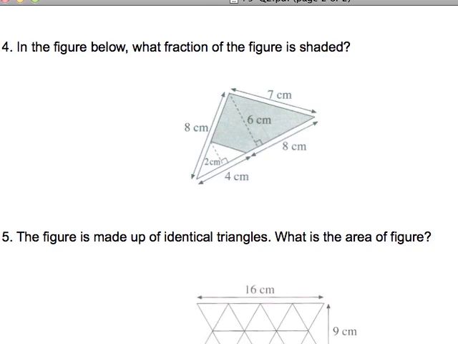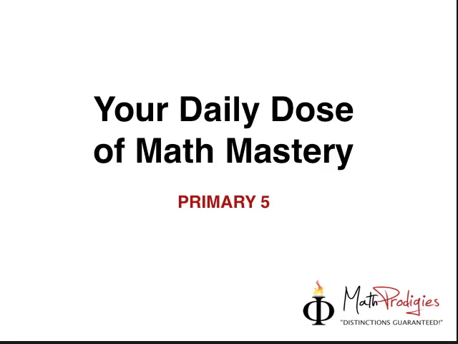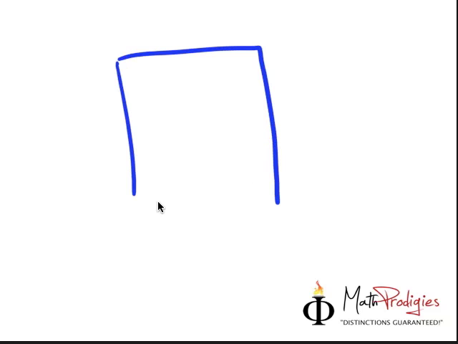Okay, so let's go into our handy dandy notebook. All right, so let's say I have a little square over here, and I want to cut off this part of it.